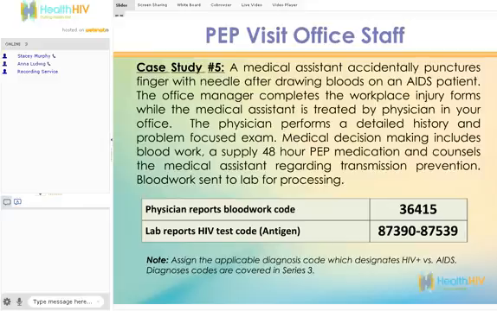So the physician's office would report the routine venipuncture code 36415, in addition to one of the E&M codes, which was covered in last week's presentation. So the E&M code would be a 99203, because we're presuming that this medical office assistant was not ever treated in this office.